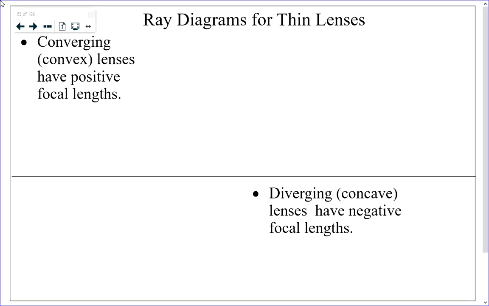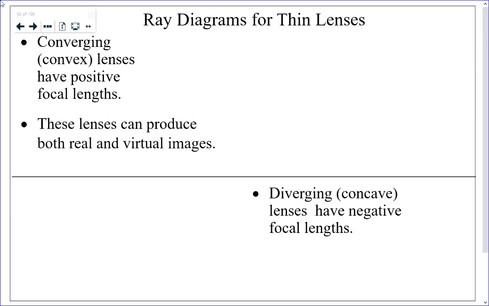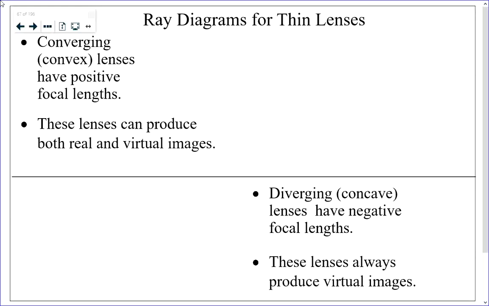Similarly, just like a converging mirror, which is called a concave mirror, can produce real or virtual images, so can a converging lens. And just like a diverging mirror, which is convex, can produce only virtual images, diverging lenses only produce virtual images.